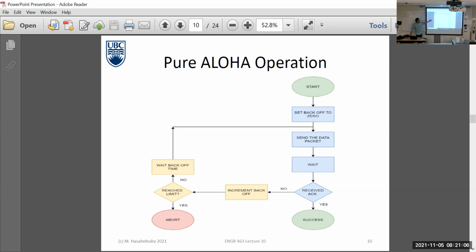But as you can see here, pure ALOHA is a very simple scheme. You want to transmit a frame, transmit. This is the simplest way of thinking, but you will have collisions. What if you have a collision? Wait a random time and repeat again. This is the very basic idea.